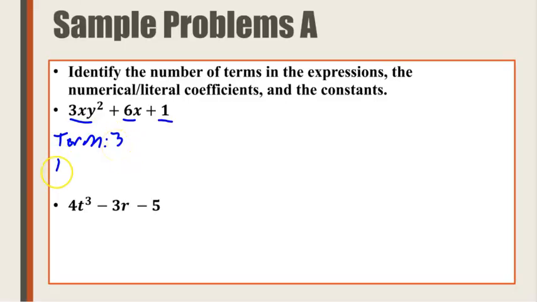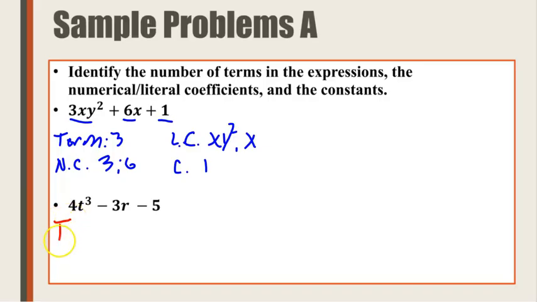And then the numerical coefficients, I'll say NC. That would be the 3, and that would be 6. And then the literal coefficients would be xy squared and x. And then we have our constants.